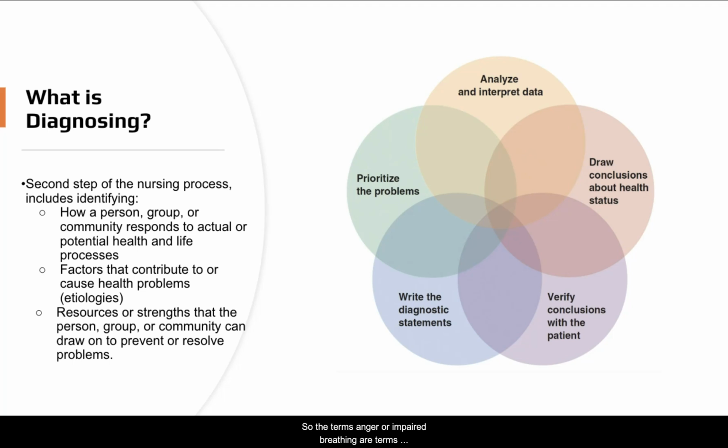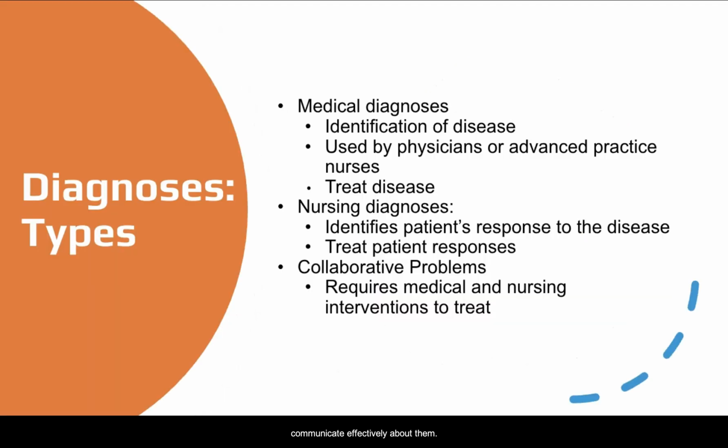So the terms anger or impaired breathing will prompt the nurse to consider similar problem areas. For example, anger is an emotional and behavioral issue versus breathing impairment, which is a respiratory issue. So using standardized terminology provides diagnostic clarity so that all the members of the healthcare team understand the patient's problem and can communicate effectively about them.